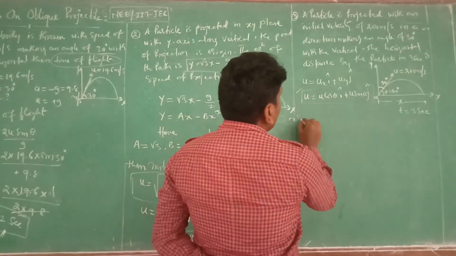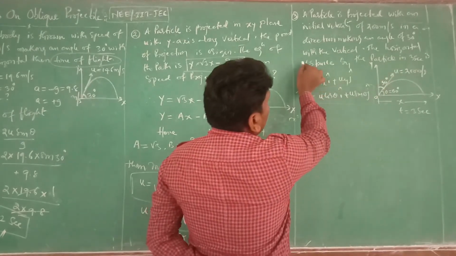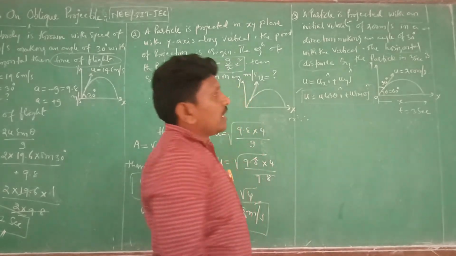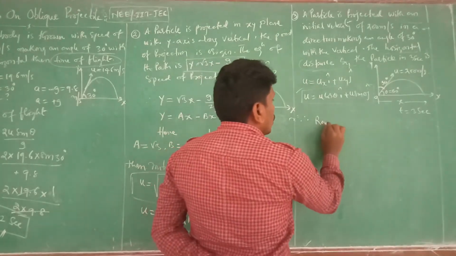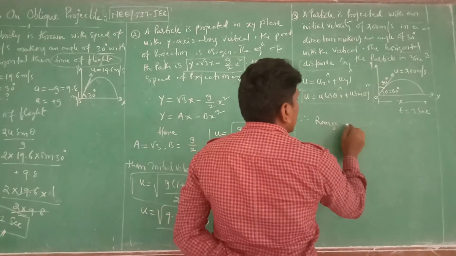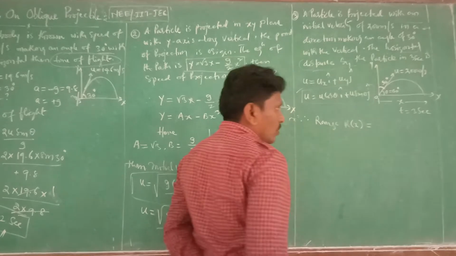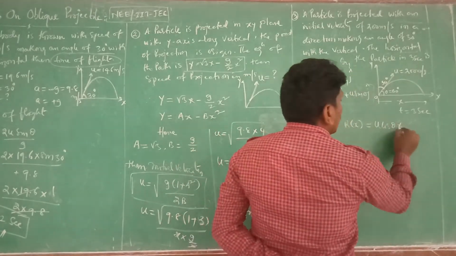Now what is the question? The horizontal distance covered by the particle we need to find out. That is called range. So range, horizontal distance, r equal to, otherwise we can say x equal to u cos theta into t.